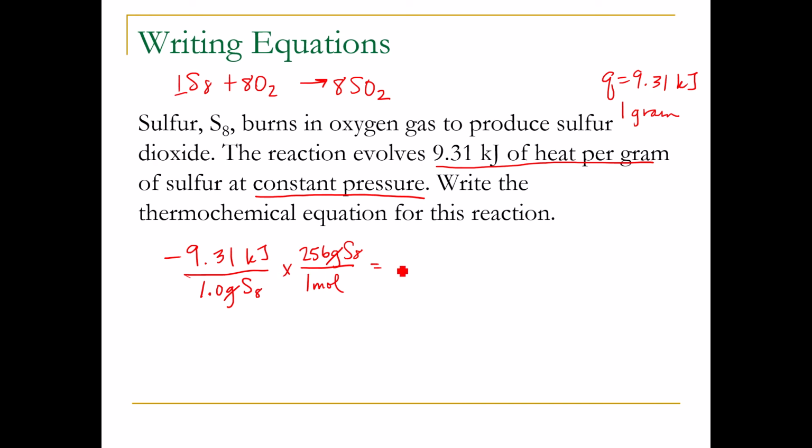So when we calculate our value then, this is going to be per 1 mole. So this is kilojoules per 1 mole. So that would be our delta H.